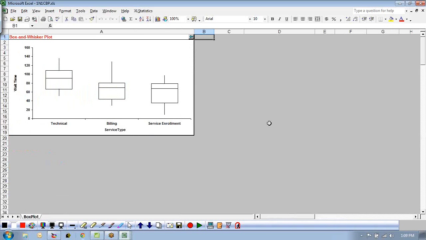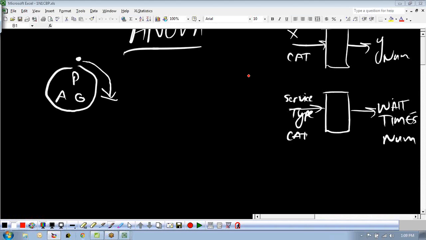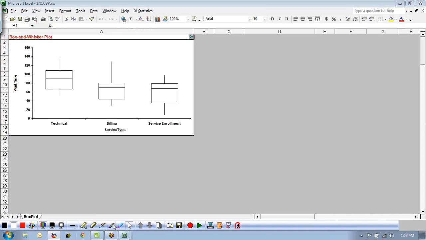Remember, the idea was we apply two tests. The first was whenever we have a numerical output, like we do here, we're going to apply two tests.